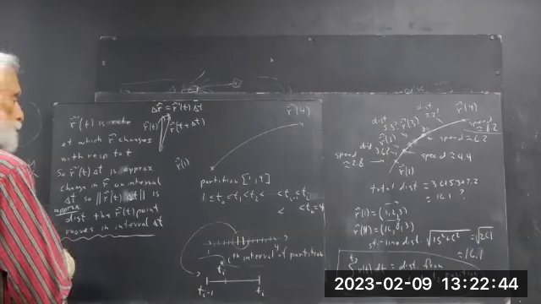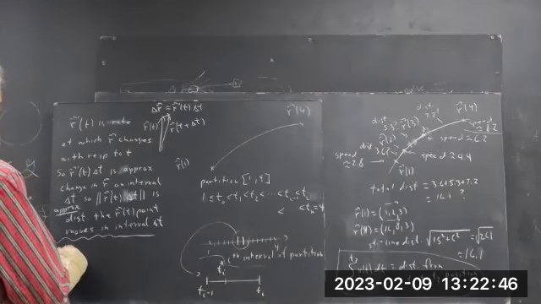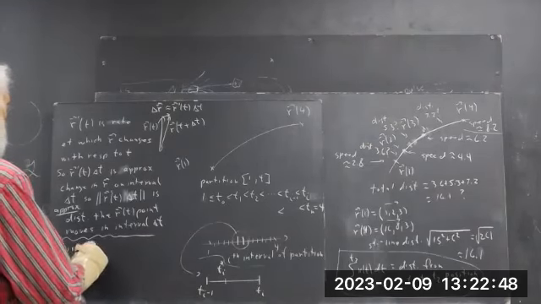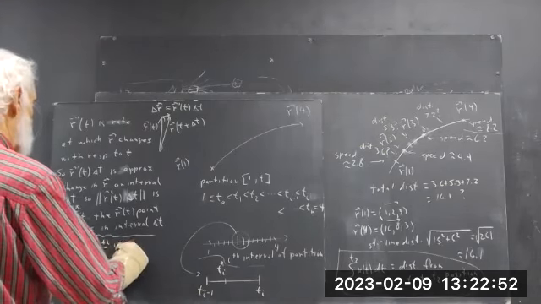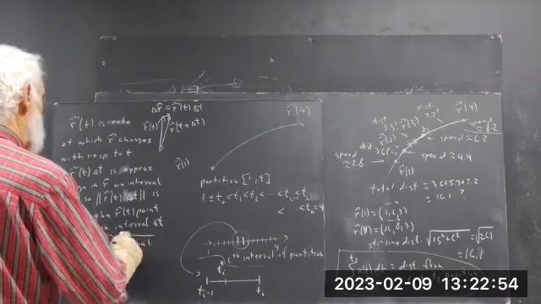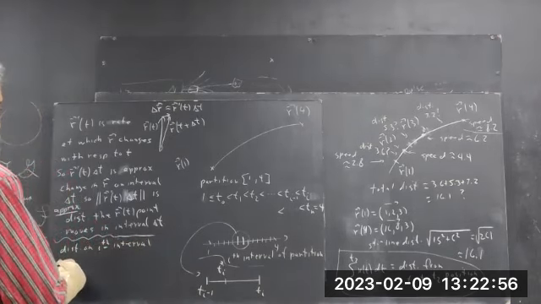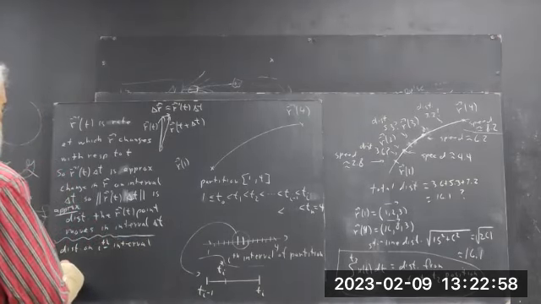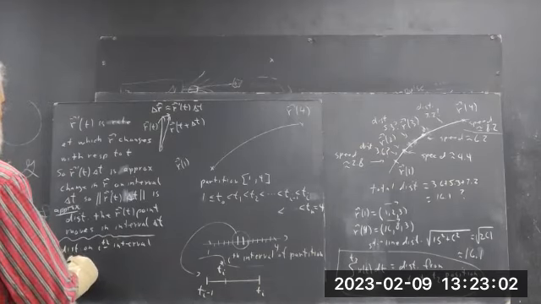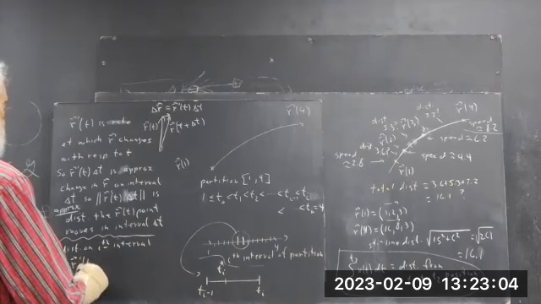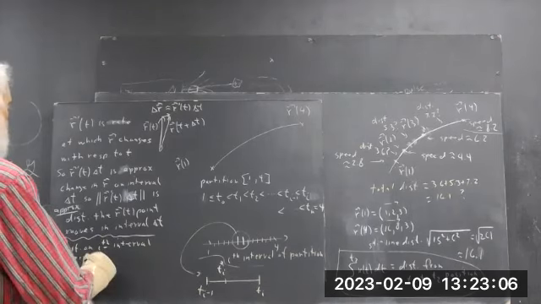And so the distance on the ith interval is approximately equal to the magnitude of R prime of Ti star.